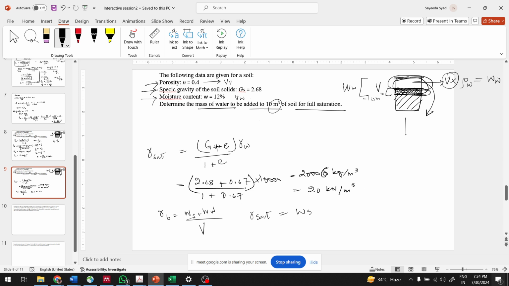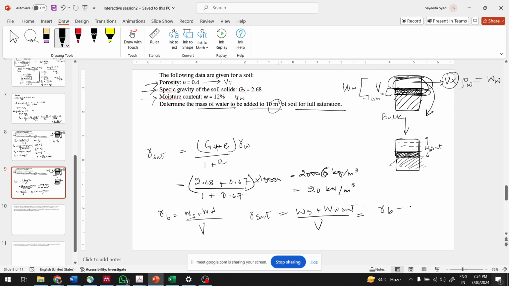When this is bulk, and if the same thing was saturated, what we have calculated by gamma saturated is completely filled with water here. So this is weight of solids plus W saturated over V. And if we subtract these, we will get this water content minus this water content. And this is what we actually are looking for in the question.